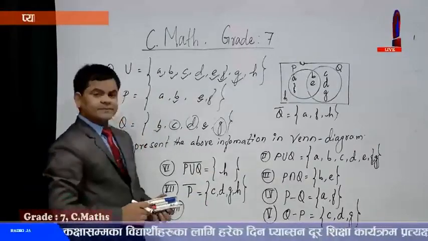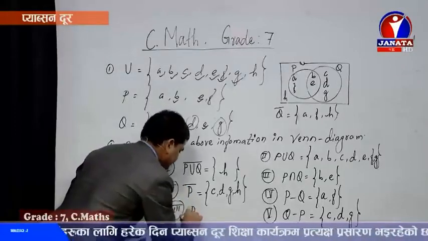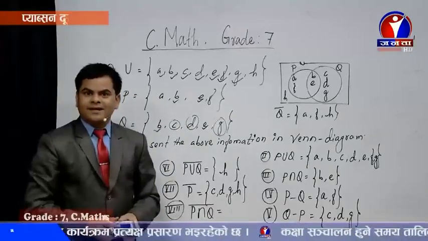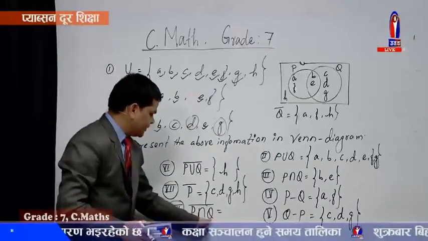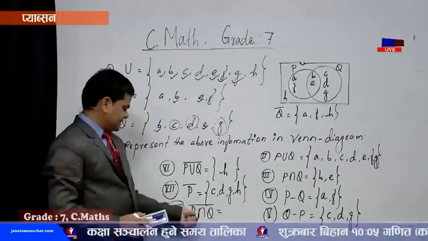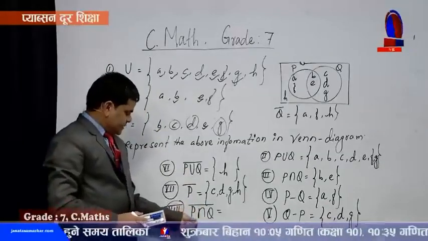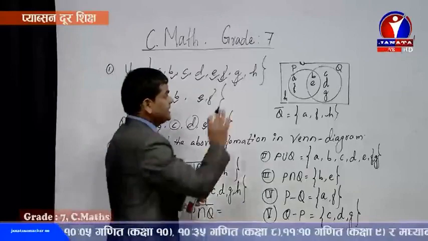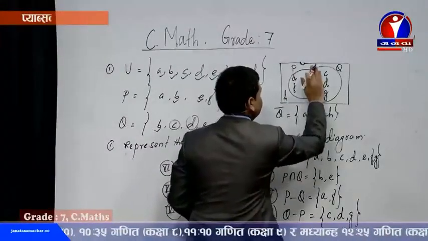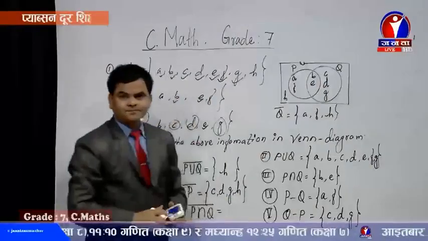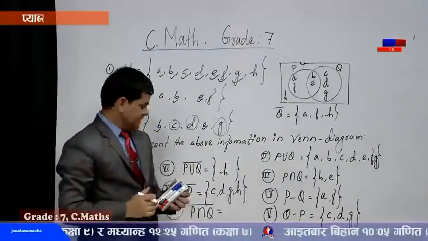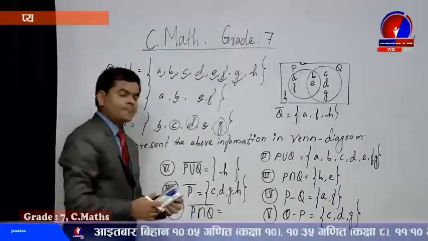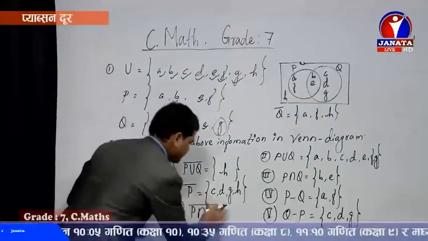Now another one, dear students, let's take P intersection Q complement. If you have to find it out, then what will you do? If we have to find out P intersection Q complement, then what do you mean by this? Of course, it represents except the elements of the intersected part. We need to hide the intersected part. Then if you hide this part, then except B and E, all other remaining elements belong to P intersection Q. So let's write here what happens.